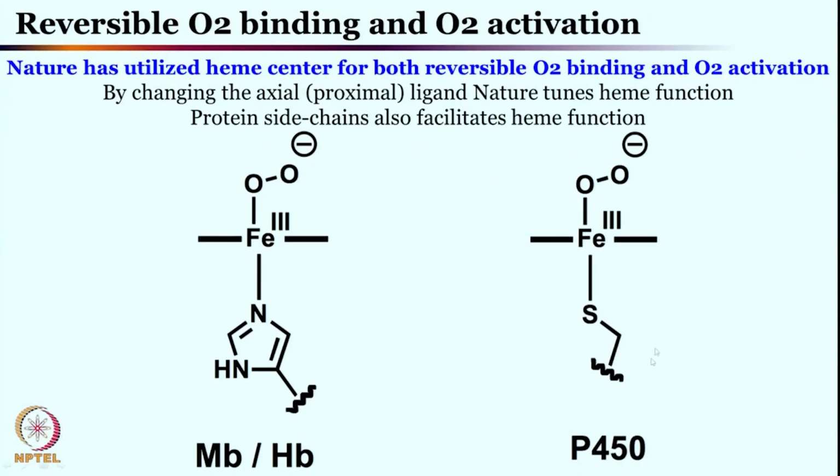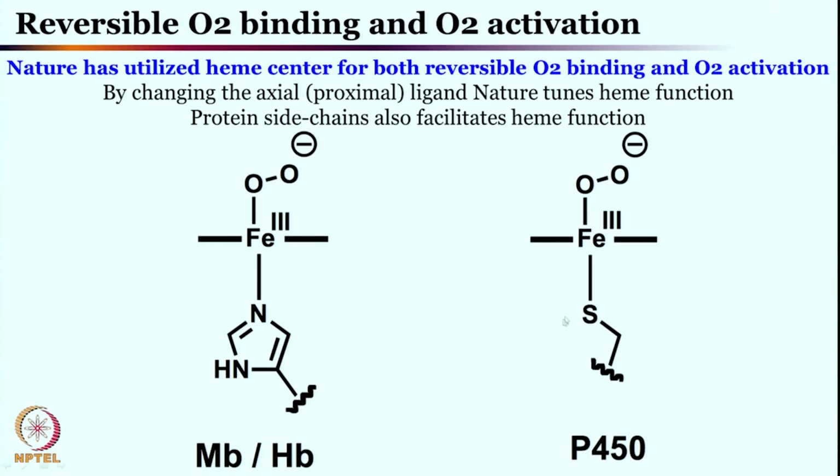In one case it is transporting oxygen, in another case it is making the oxygen reactive to do the oxygenation chemistry. In other words, by changing the axial ligand from histidine to cysteine, it is possible to tune the heme function, and therefore both the oxygen cleavage and the stabilization of iron oxo species, which are high valent species, are possible in cytochrome P450.